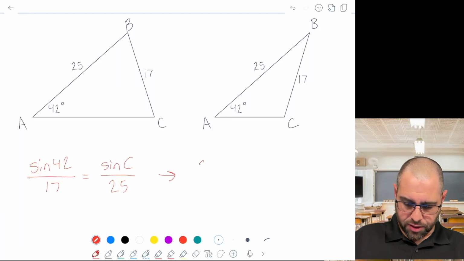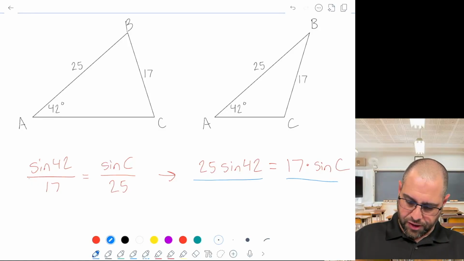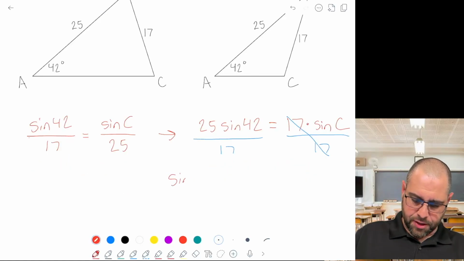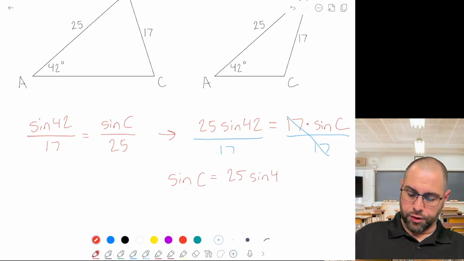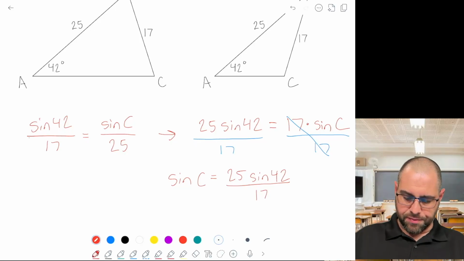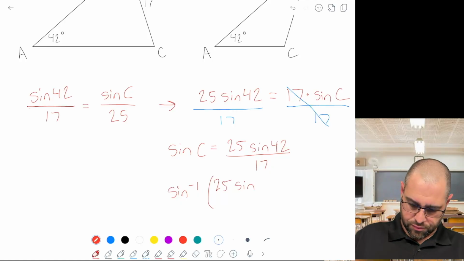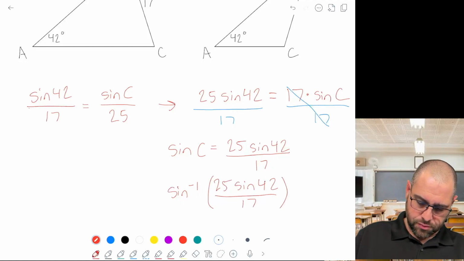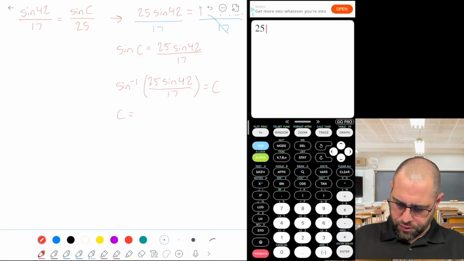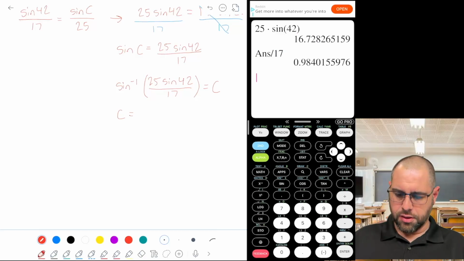And when we cross multiply, 25 times the sine of 42 equals 17 times the sine of C. I can divide both sides by 17, and that gives me that sine of angle C is 25 times the sine of 42 divided by 17, which means the inverse sine of all of that is angle C. So angle C is the inverse sine of 25 times the sine of 42 divided by 17.